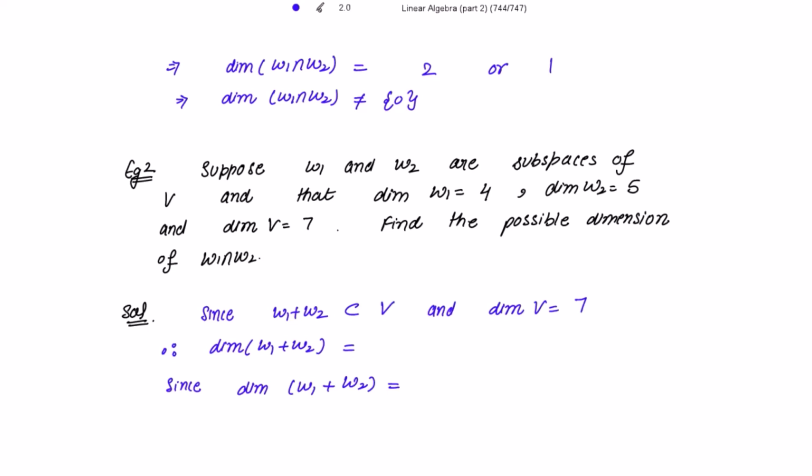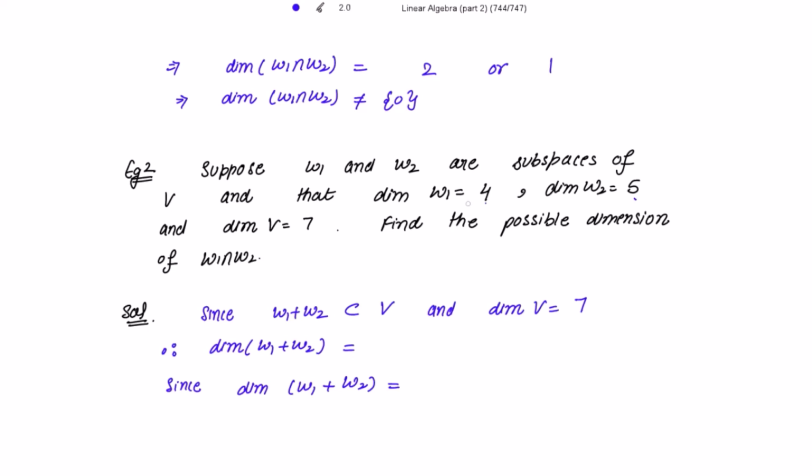Can the dimension be equal to 4? Can that dimension be equal to 5? Yes, it can be equal to 5 but not equal to 4, because we are taking the dimension of the sum of the subspaces and one of the subspaces has dimension more than the other.